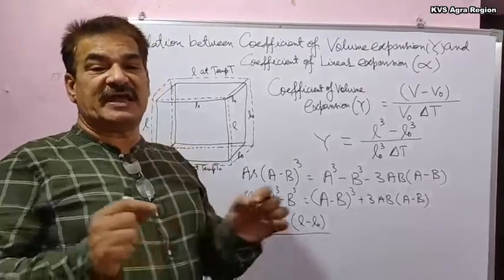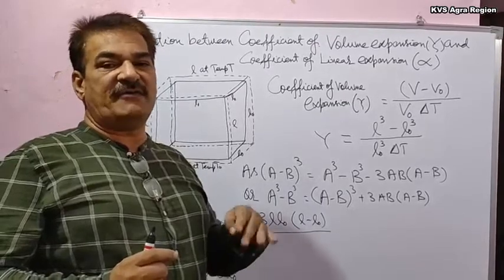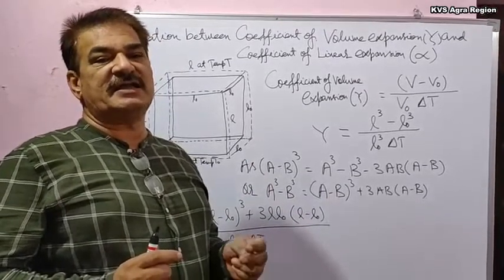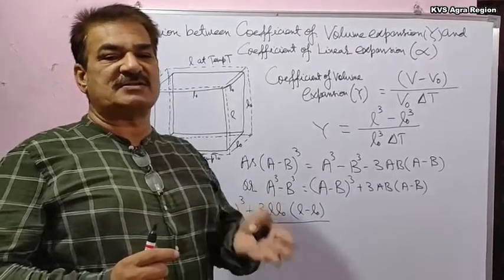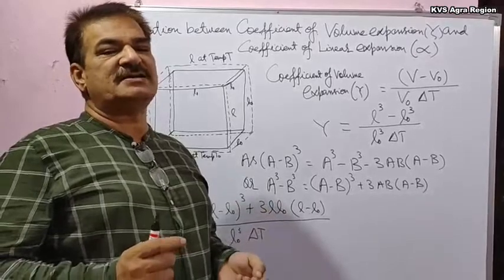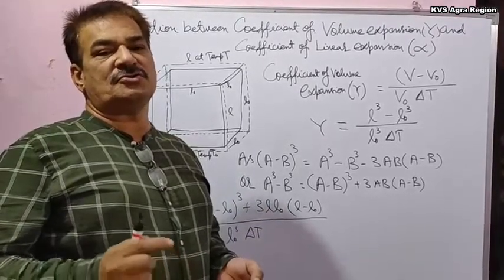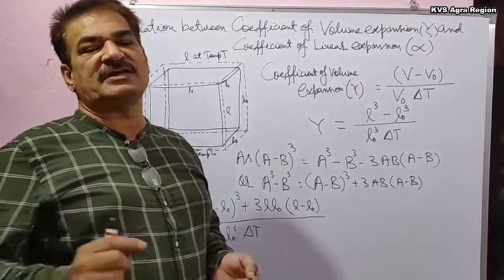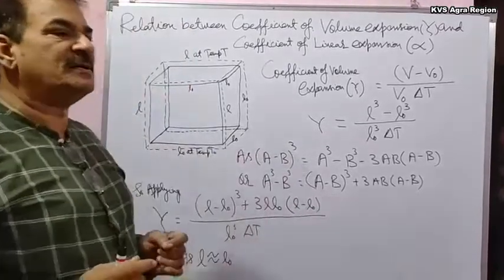It means if we take a rod of length 1 meter and its temperature is increased by 1 degree Celsius, its length will increase by 6 into 10 raised to power minus 6 meter, that is 0.000006. So alpha is very small.